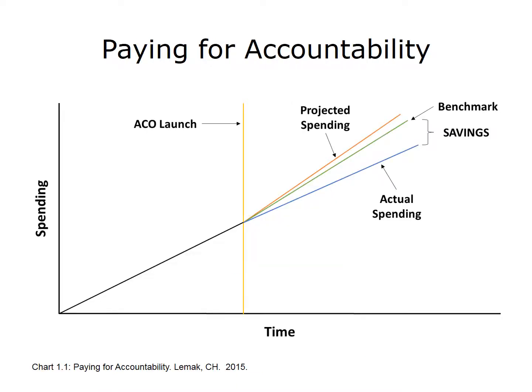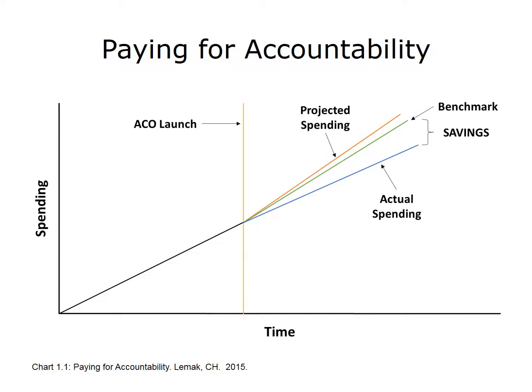An important part of the ACO approach involves the financial aspect and the ability to share savings. We will use the figure on this slide to describe this in greater detail. ACOs first establish a projected spending level for a defined set of patients. In the figure, this is shown by the red line. In the simplest approach, the projected spending is determined based on historical spending.